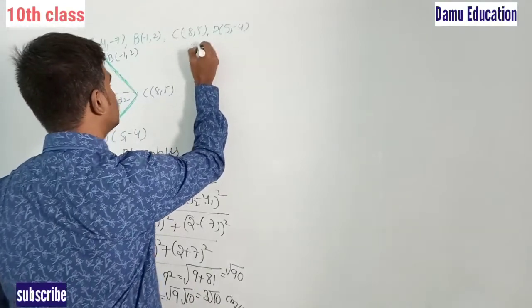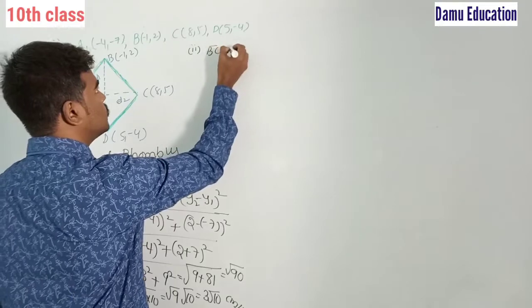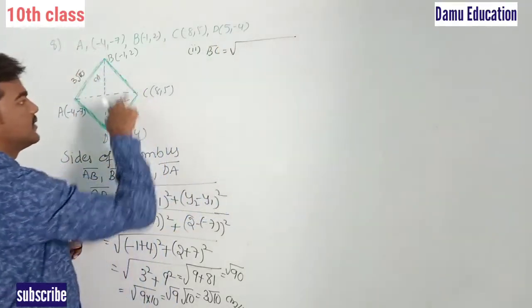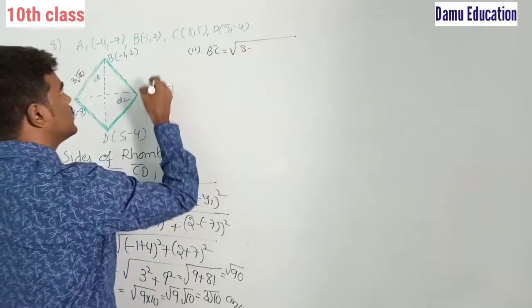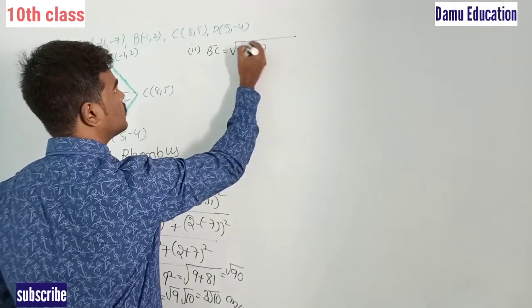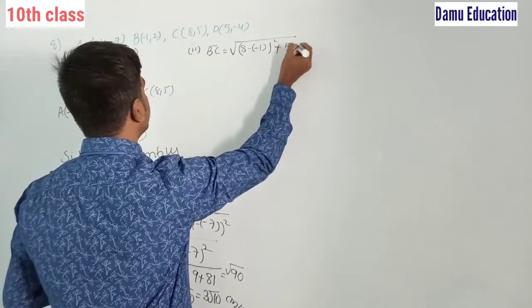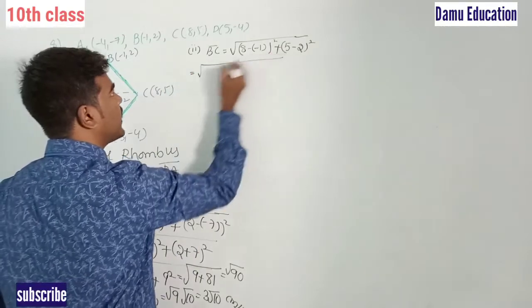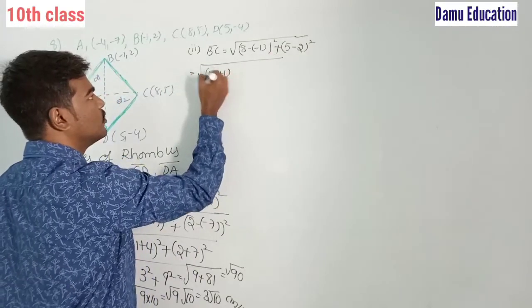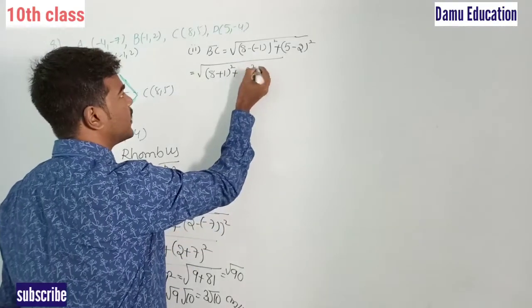AB is finished, and now BC. BC is square root of x2 minus x1, so x2 is 8, x1 is minus 1, whole square, plus y2 is 5 minus 2 whole square. So square root of 8 plus 1 whole square plus 5 minus 2, which is 3 square.